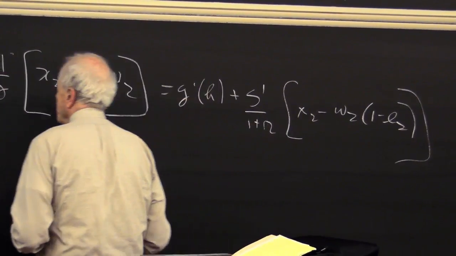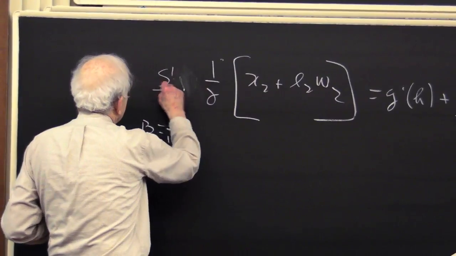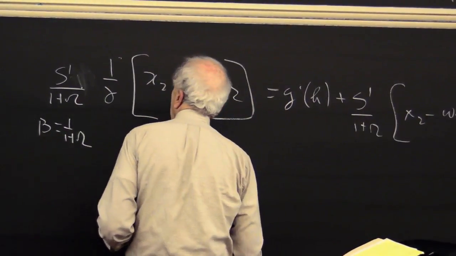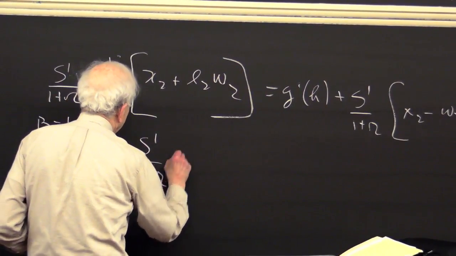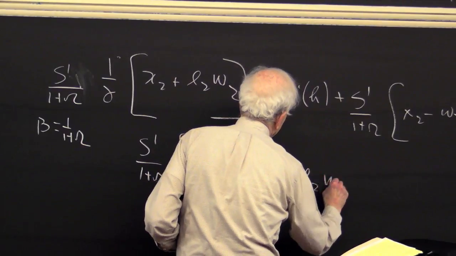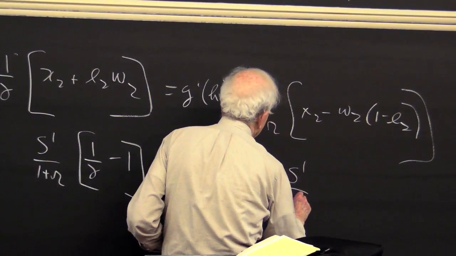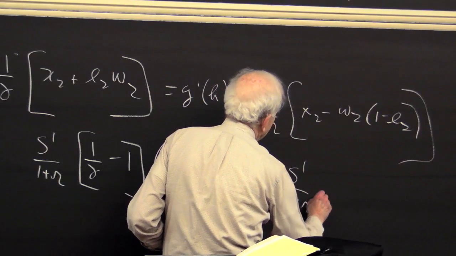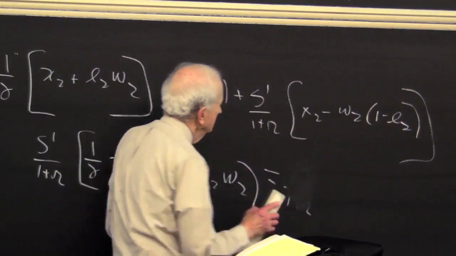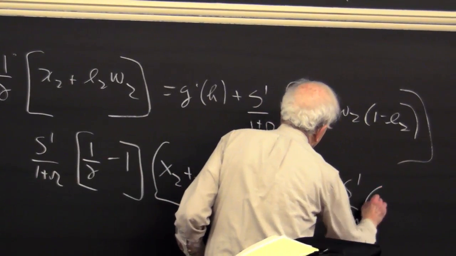Let's go back to our assumption that beta is equal to 1 over 1 plus R. So I'm going to replace this by 1 over 1 plus R. So now I have S prime over 1 plus R, S prime over 1 plus R. I'm going to bring that to the other side, and I get on this side S prime over 1 plus R times 1 over gamma minus 1 times X2 plus L2 W2, is equal to G prime of H plus S prime over 1 plus R minus W2.